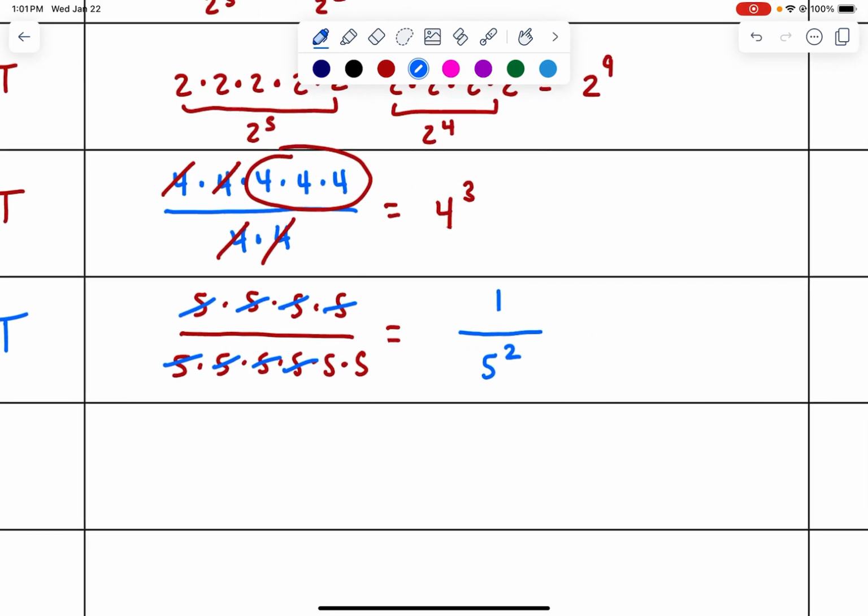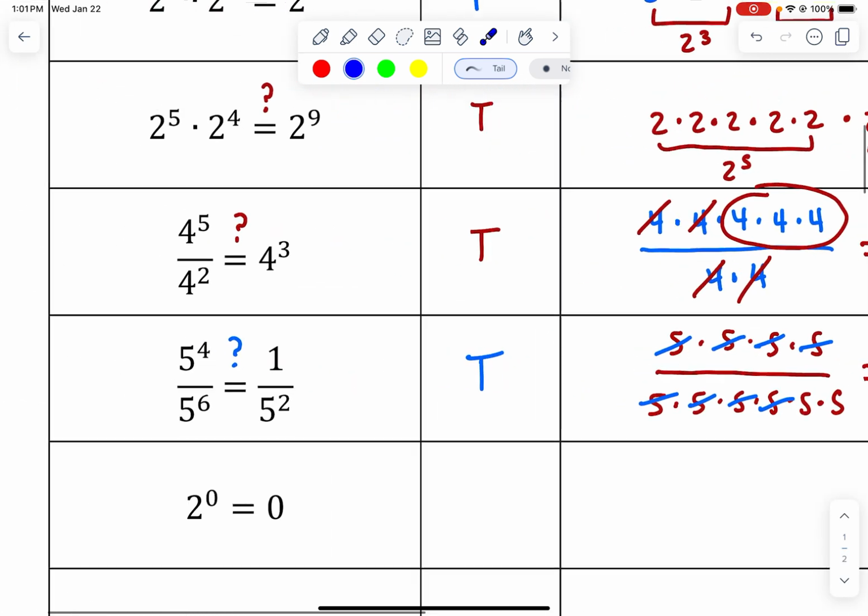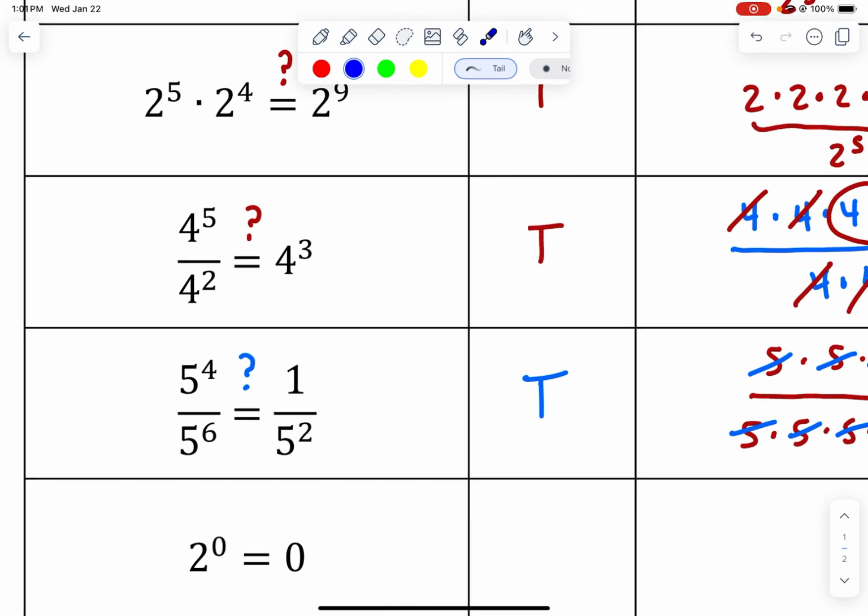And we can keep on going just a little further. This will also equal 1 over 5 times 5, which is 25. So if you can simplify a little more, go ahead and do so. But the most important thing here is, if you look back at this first one, here we subtracted the exponents when there's a division to get our new exponent right here.